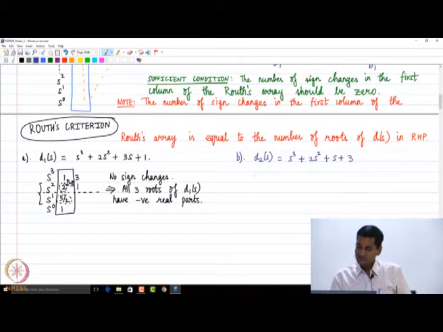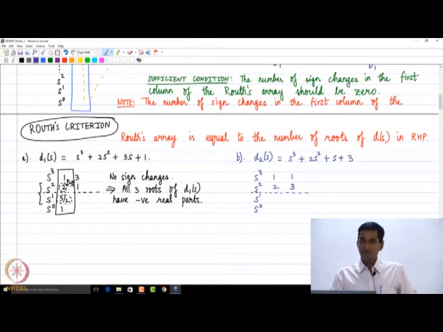So let's do the rows array construction once again. S cube, s squared, s power 1, s power 0. So once again, we fill in the first two rows, 1, 2, 1 and 3.